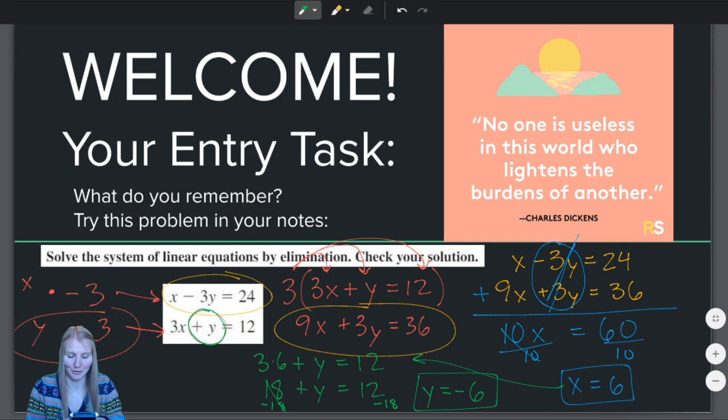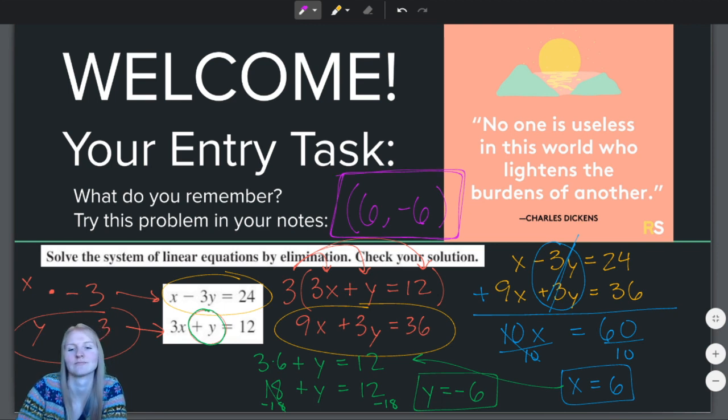Let's check that answer though. 12 minus 18, yeah, -6. Okay, beautiful. So I have x and I have y, which means that my final answer is (x, y), or (6, -6). And look at how colorful our opening screen is.